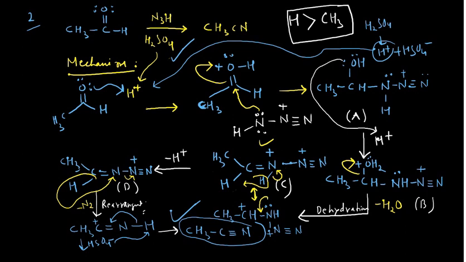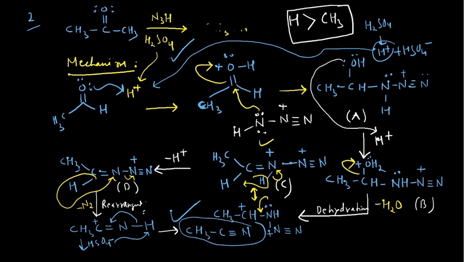Now after that, say for example, if you have started this reaction with the ketone, what happens in that case? Simply, you can erase this hydrogen from here, and instead of putting this you can write CH3. The moment you write the CH3 here, you will have a different product.